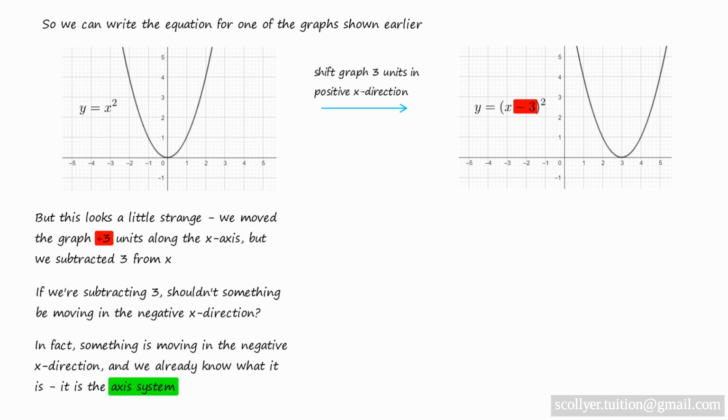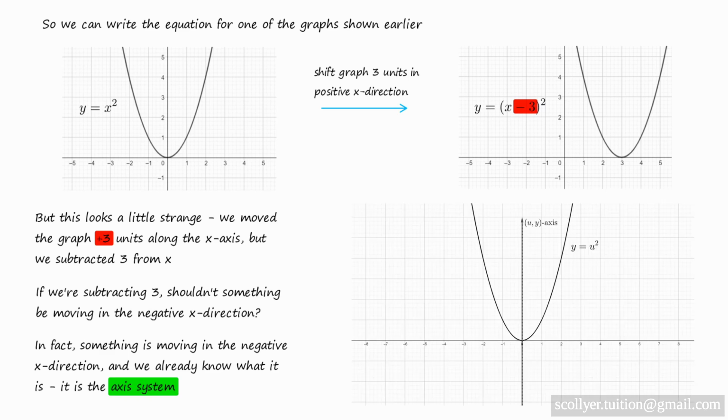It is the axis system, as we can see illustrated in this animation. We can see that when we replace x with x minus 3, we shift the axis system 3 units in the negative direction, but we hold the graph of the function still.